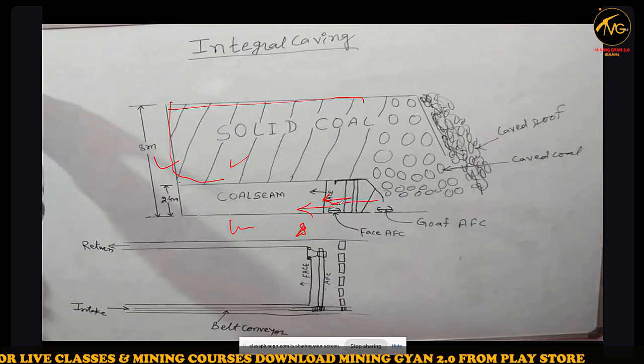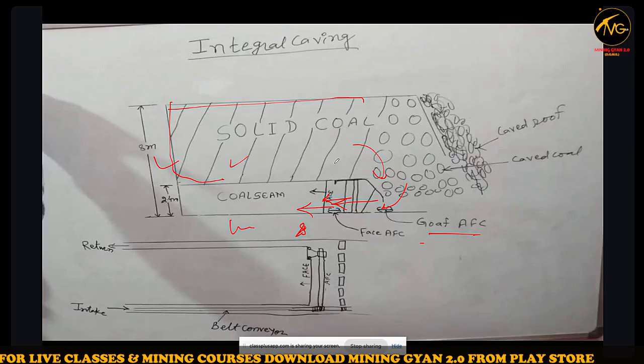When we come back, it will fall down. We will use GOF AFC and take this coal out.